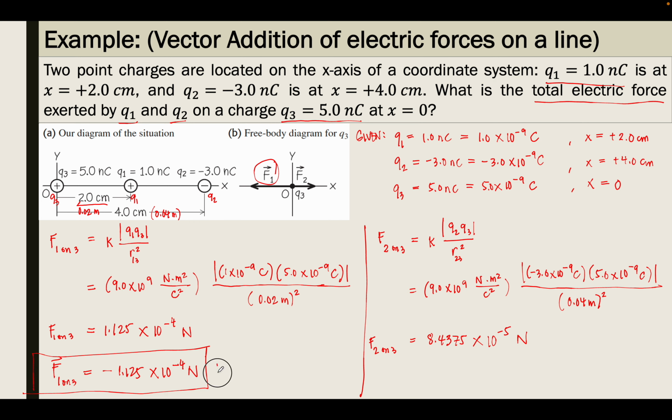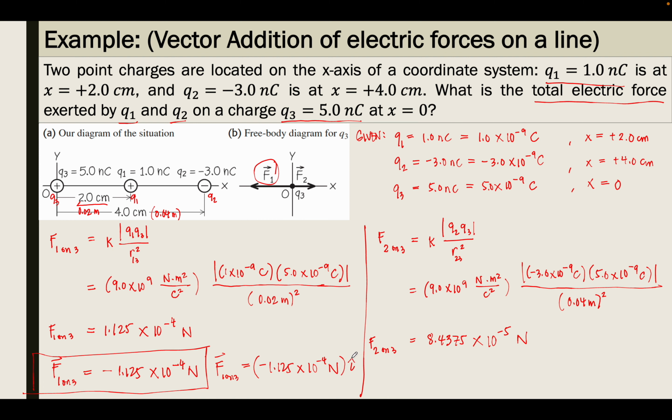Or we can also have it as the force that Q1 exerts on Q3 is equal to negative 1.125 times 10 to the power of negative 4 newtons I hat.